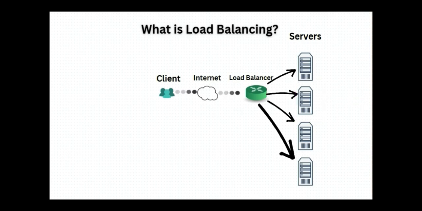Similarly, if application server 5 has more free memory, then requests are routed to application server 5. Requests are distributed dynamically to maintain a balance across all these servers, ensuring efficient use of resources. In this way, the load balancer will send those requests to these application servers.